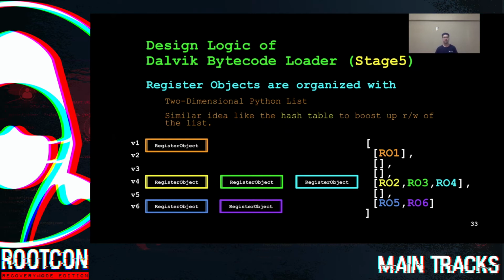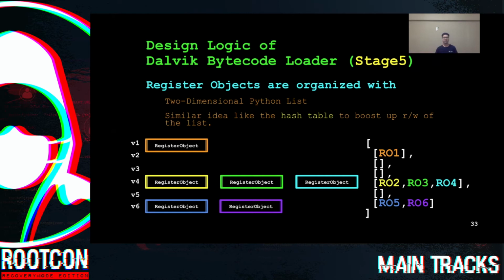As you can see here, register V4 has 3 register objects. That means in the source code we scanned, V4 was used 3 times. And every time it was used, we store the present value of the register and the function who used it, if there's one.